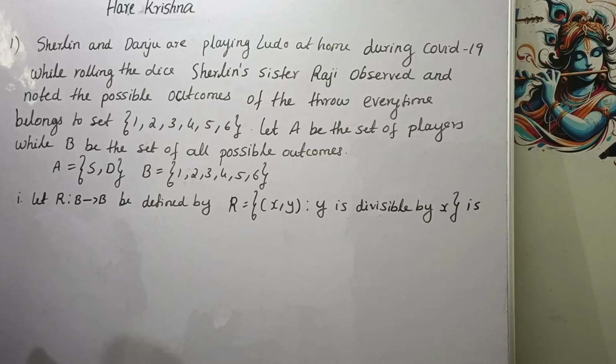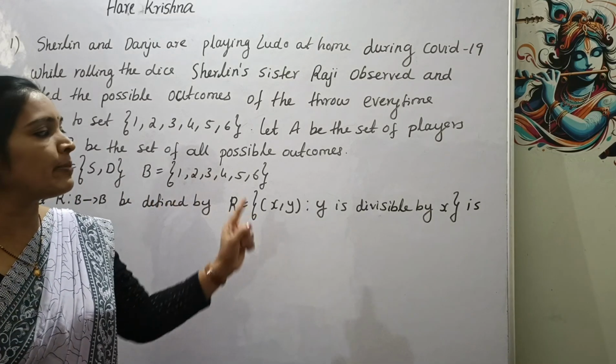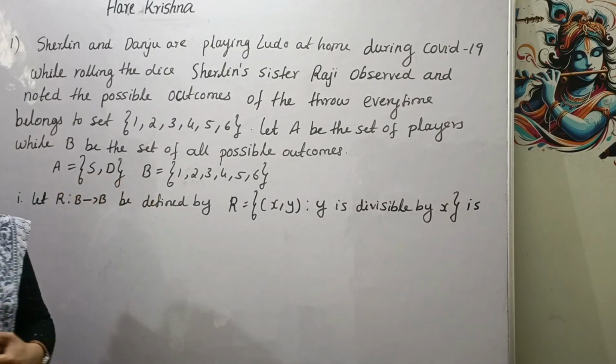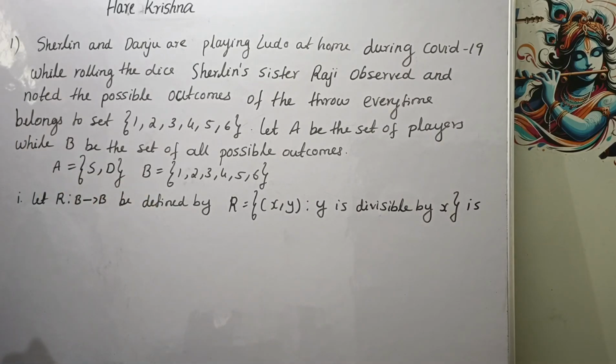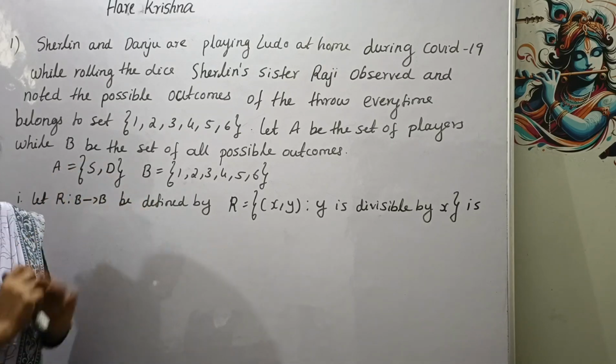First question: let R from B to B be defined by R is equal to the set of ordered pairs (x, y) such that y is divisible by x. First of all, let's write the elements of the given relation.